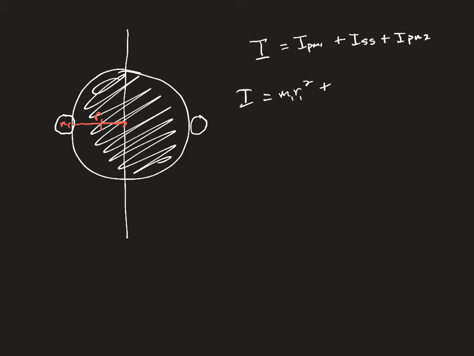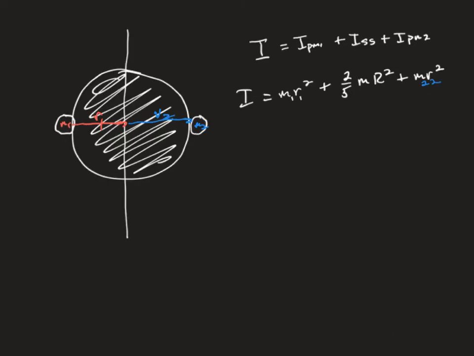And solid sphere is 2/5 mr squared. And the r in this case is the radius of the sphere. Then we need to add in mr squared again for the second point mass. So this would be R2, and then this would be mass 2.